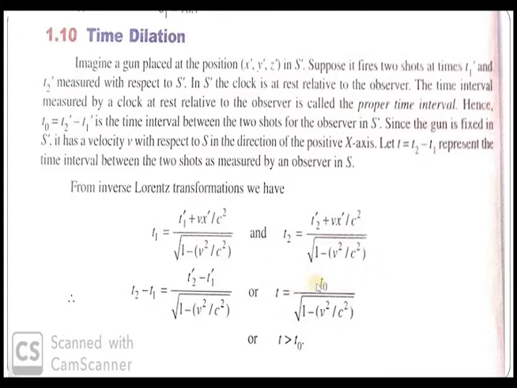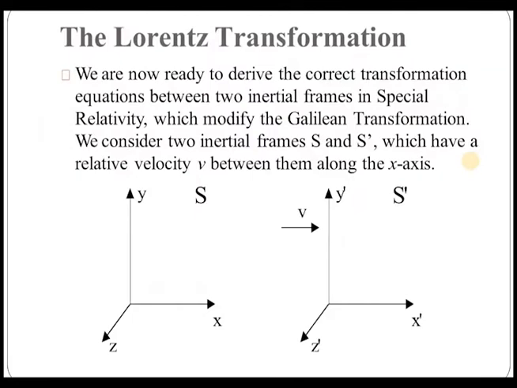Here, T is equal to T0 divided by root of 1 minus v square by c square. So T is greater than T0. What does it mean? The time interval between the two events. Now in the S prime frame we have taken two shots, like we are shooting the gun.